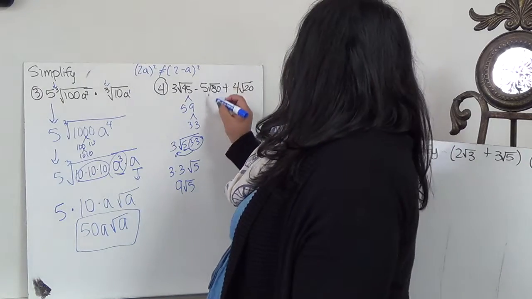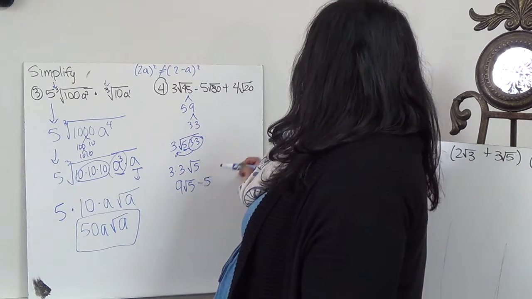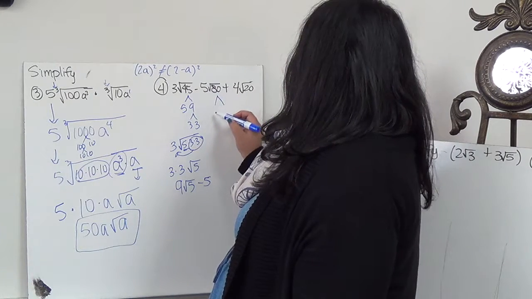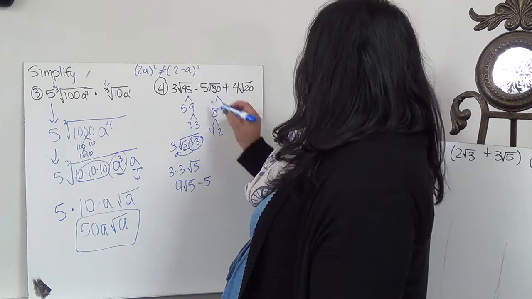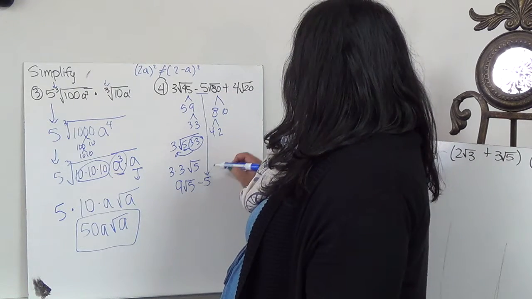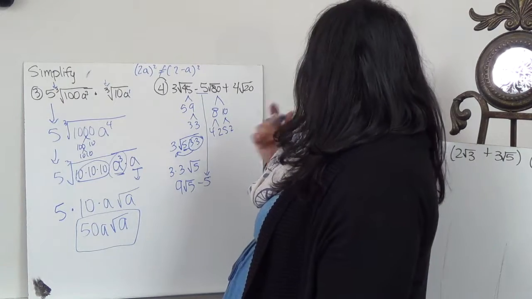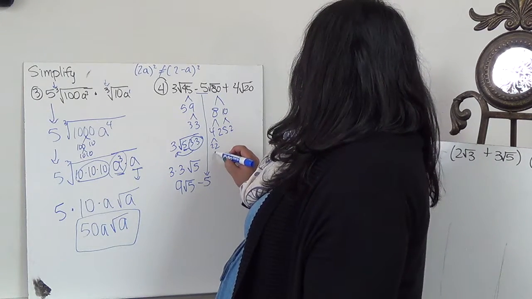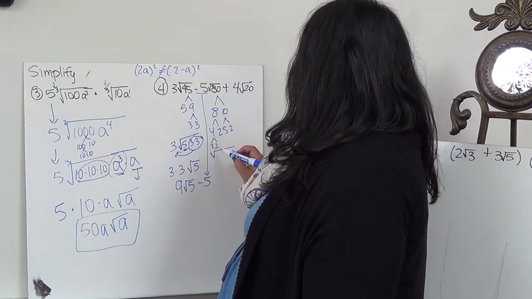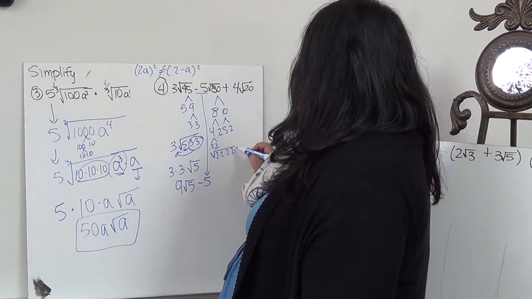Right? Now I'm going to bring this down. I'm going to bring my negative 5 down right here, and I'm going to factor this. This is 8, 4 times 2, 5 times 2, 2 times 2, right? So this is the square root of 2 times 2 times 2 times 2 times 5.